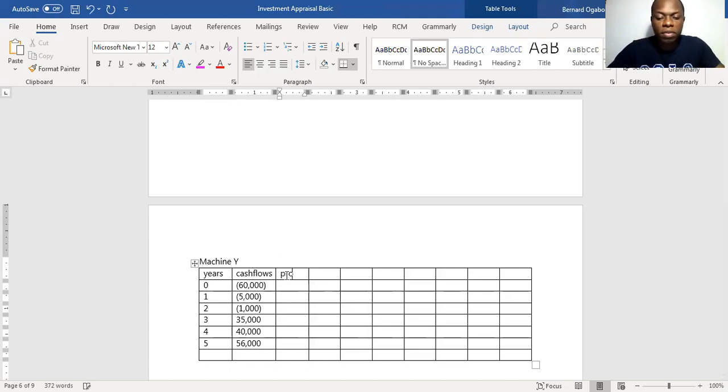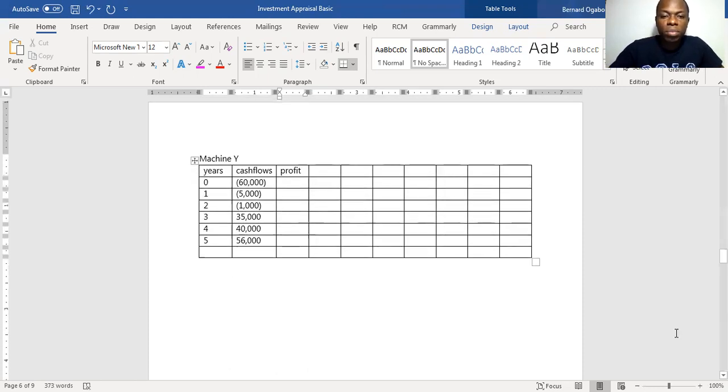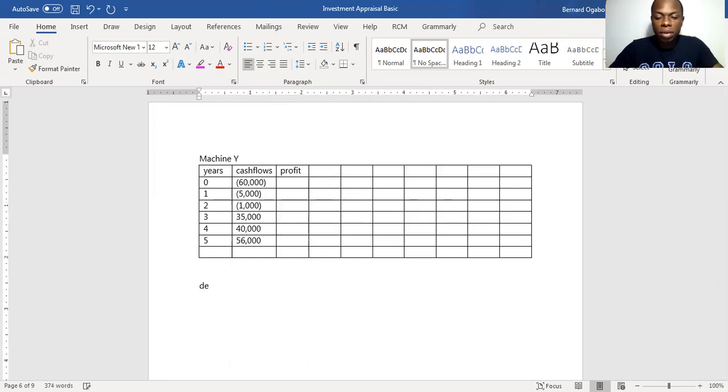Then I have my profit. You want to watch what I want to do now very carefully. Before I can establish my profit, I need to take away my depreciation, which is 60,000 minus 6,000 divided by 5 years.